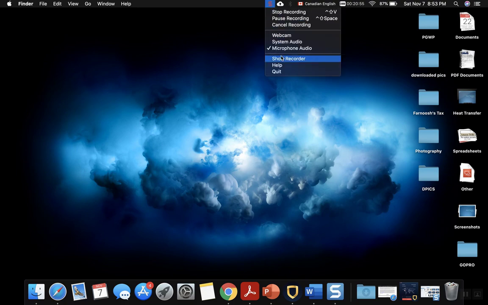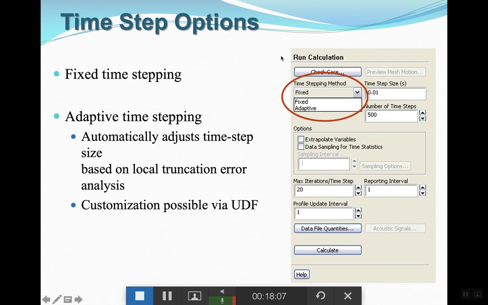So this will give you an idea of how we go about calculating time step size and number of time steps. Other than that, what you have to decide is the method of time stepping. Is it going to be a fixed time stepping, or an adaptive time stepping? If you choose fixed time stepping, the software is going to keep your exact time step.